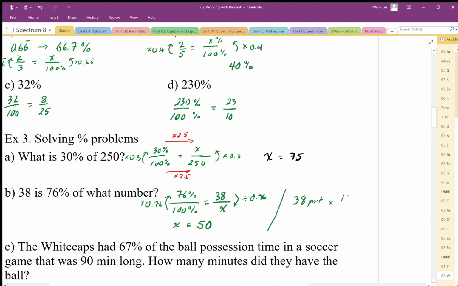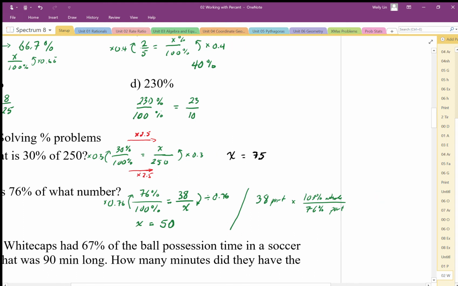So we can say the 100% whole over the 76% part. You can see how the divide by 0.76 now shows up. Top is times, bottom is divide, so those times and divides cancel out, and we end up with 50 as our whole.